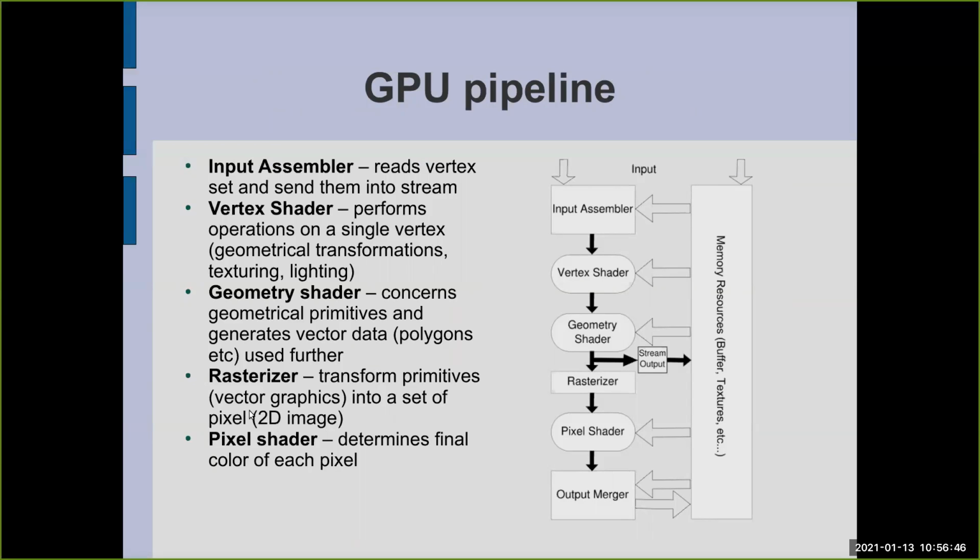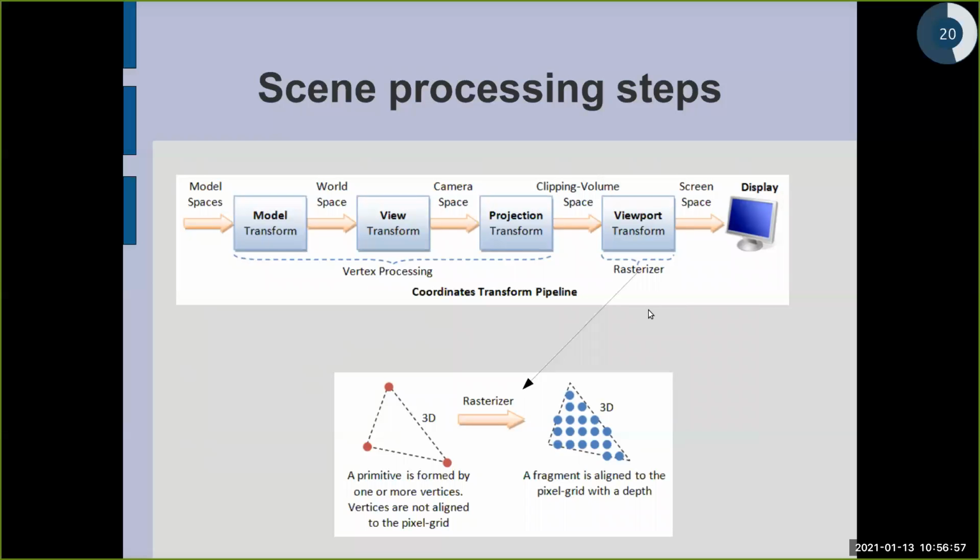So after rasterization, the pixel shader is run. So rasterizer and pixel shader are usually treated as a single stage, but the effect is that we get the value of every pixel on the image.